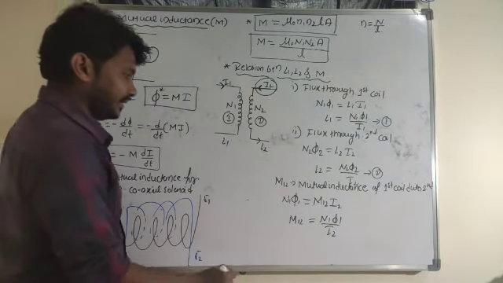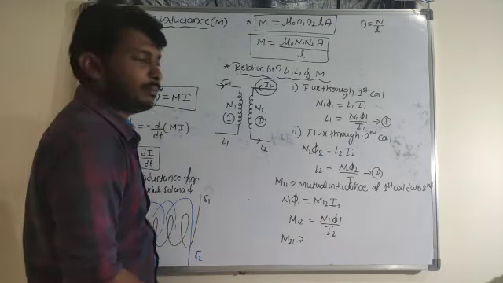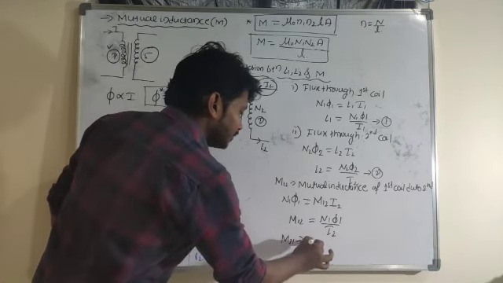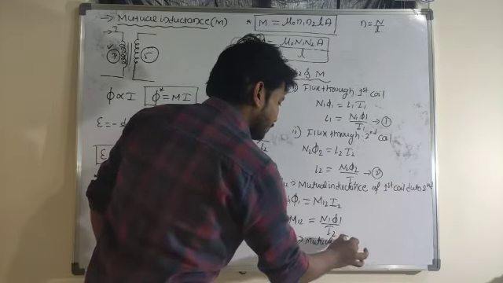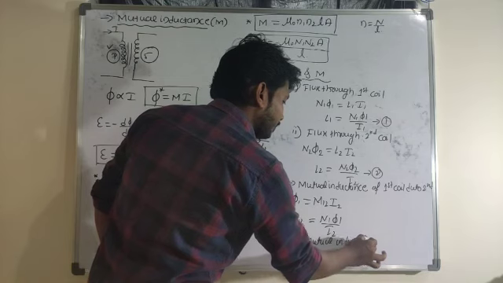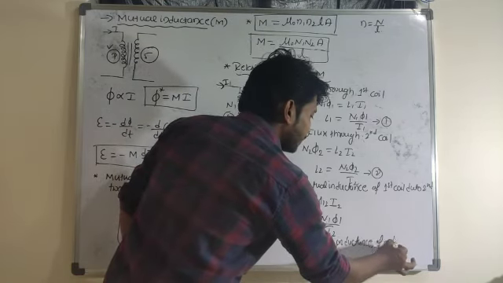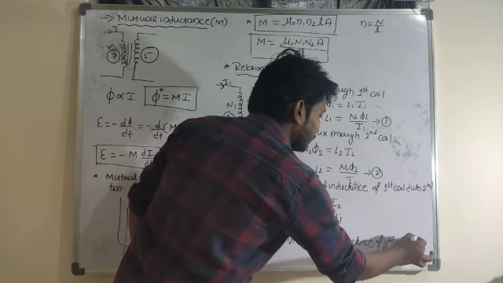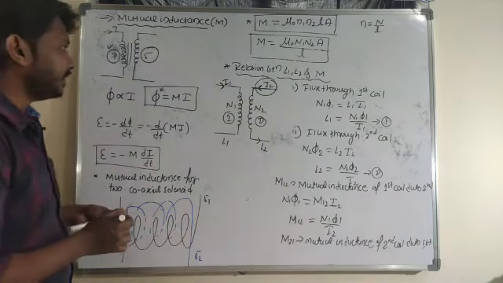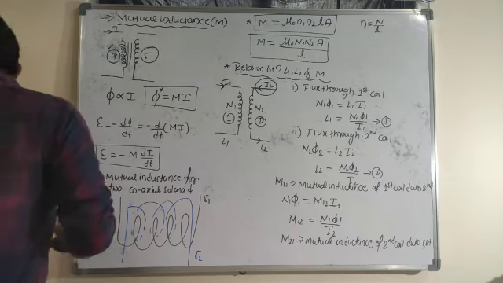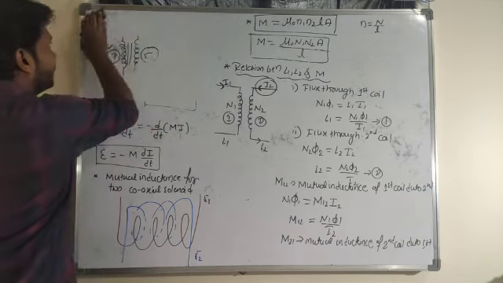Similarly, I can consider M of 2 to 1 here. M of 2 to 1 means the mutual inductance of the second coil due to the first coil. Hope you are understanding here.